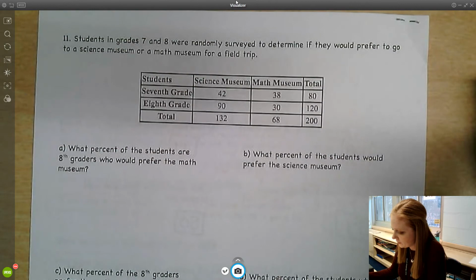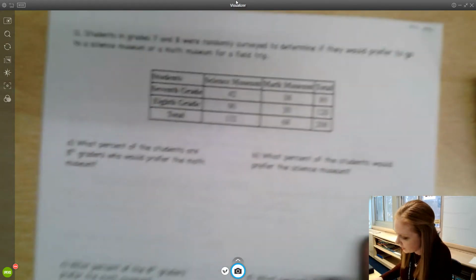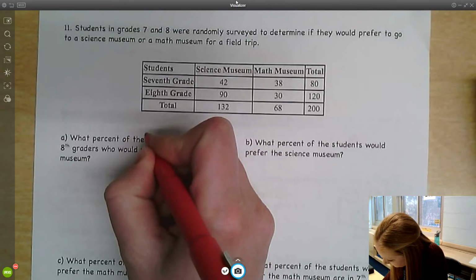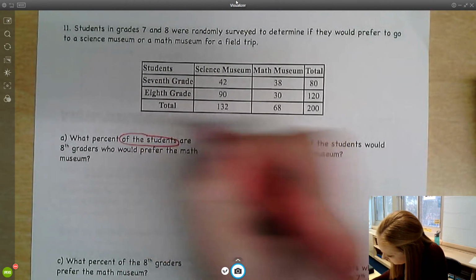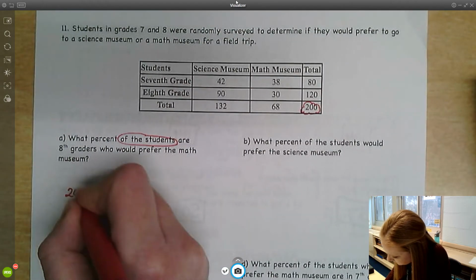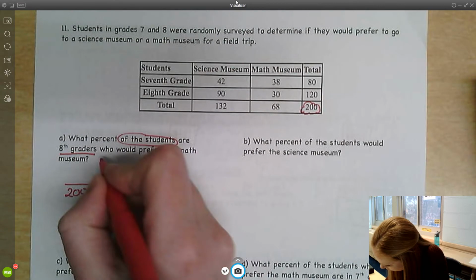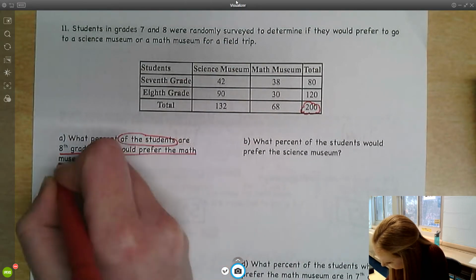And students in grades 7 and 8 were randomly surveyed to determine if they'd prefer to go to a science or math museum. What percent of the students? Of the students means all the students, we're going to use that grand total, are 8th graders who would prefer the Math Museum.